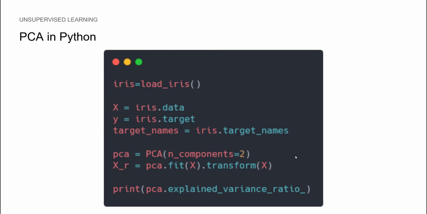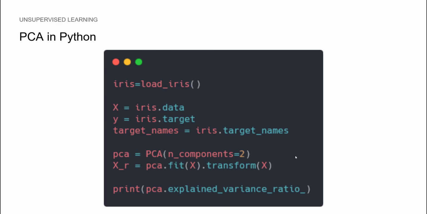Here's an example of how you can apply PCA in Python. In this case, actually, we are trying to visualize the iris dataset in 2D. This is something that we will apply later on during the coding portion. So this dataset contains more than 2 features for each species of iris. So using this snippet, we can initialize PCA and then specify that we only want the first 2 principal components.